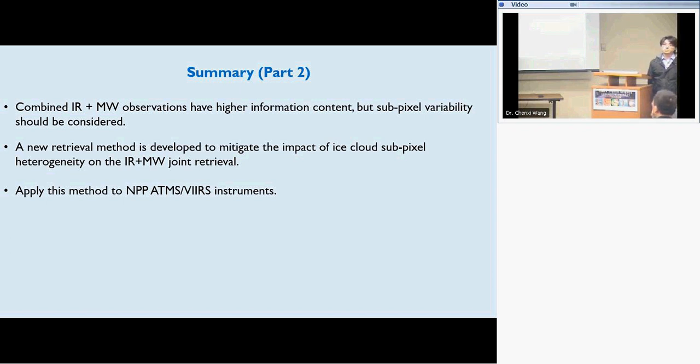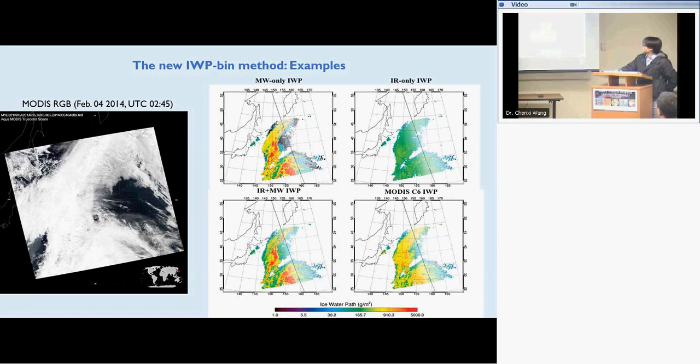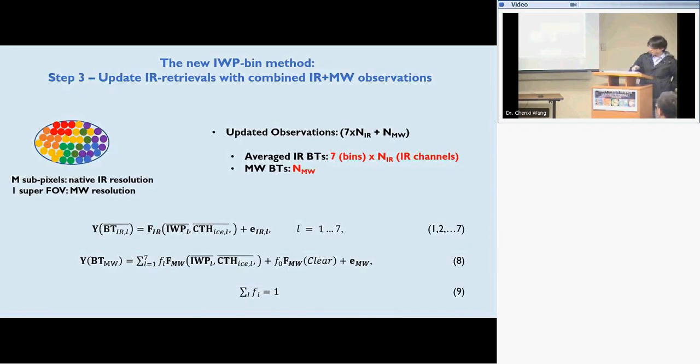Chenxi: So how do you adjust the weight for the retrieval, the infrared and microwave? Yeah, so the reason is, if you look at here, the weight is actually the sensitivity of each instrument.